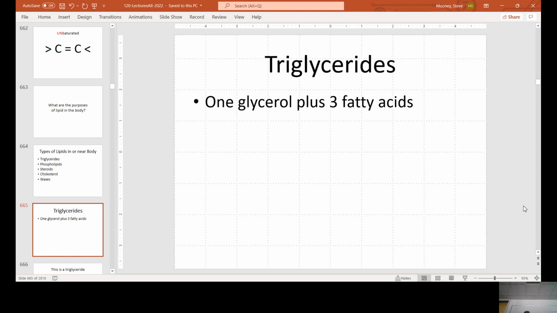And you're going to have, hanging off of that, three fatty acids. So these squiggly lines here represent anywhere from 4 carbons in a row to 36, 40 carbons in a row. And we have a connection here that's a dehydration reaction between the two. So a glycerol molecule with 3 fatty acids hanging off it.